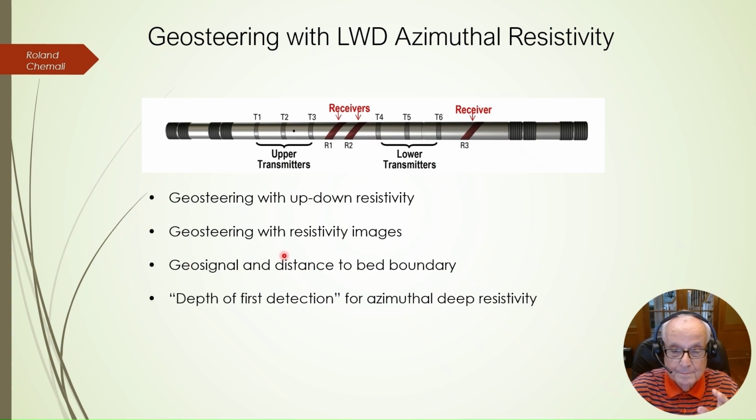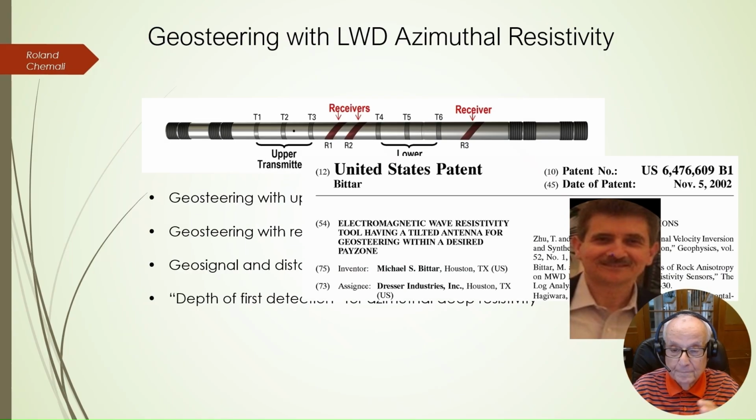The whole thing is based on a patent by my friend and distant cousin, Michael Bitar. He's now director of technology at Halliburton, and he patented in 2002 the idea of using tilted receivers and tilted antennas to be able to sense boundaries and be able to detect them way before you come close to them.